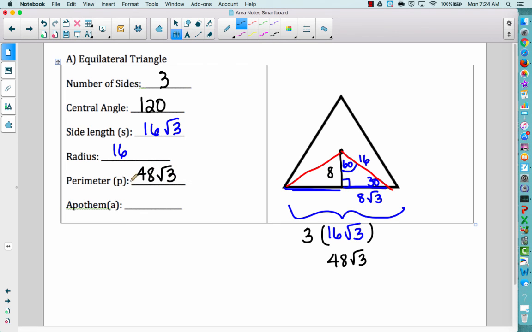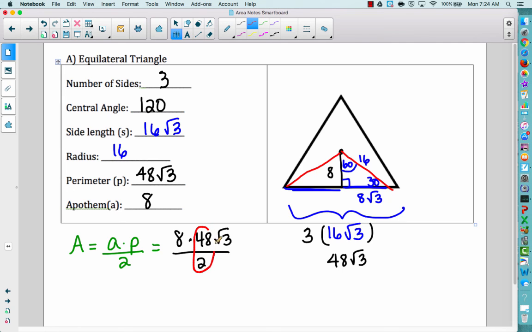The apothem was given to me of 8, and now I plug those right into the area formula. Area of a regular polygon is apothem times perimeter divided by 2, or 1/2 AP. All right, so my apothem is 8. My perimeter is 48 root 3, and I divide that by 2. All right, I like to simplify before I multiply.